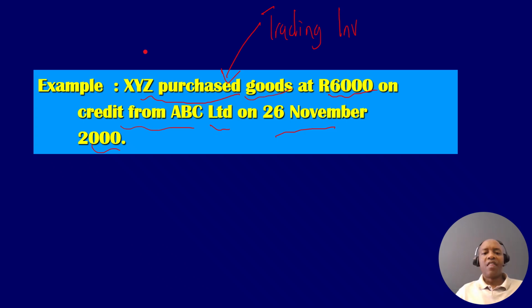Okay. Then the other account, because basically there are going to be two accounts affected in most accounting transactions. So the second one, since they bought these goods on credit from ABC, we now have our trade payables control account.